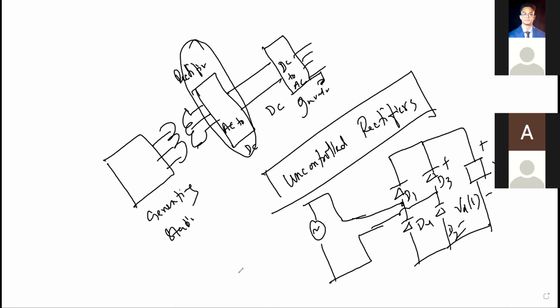So if it is root 2 Vs sine of omega t, where Vs is the RMS value, what is the VDC or average voltage for this full wave bridge rectifier in terms of the RMS value?